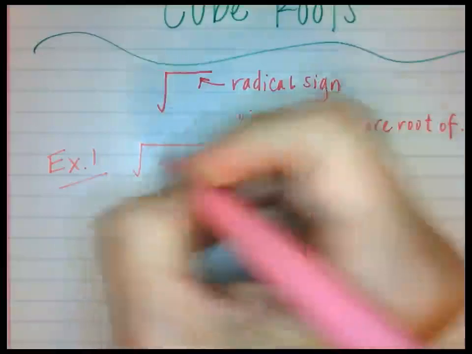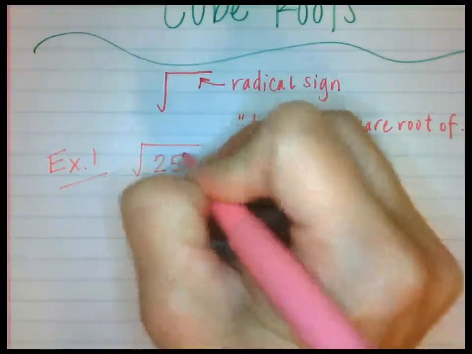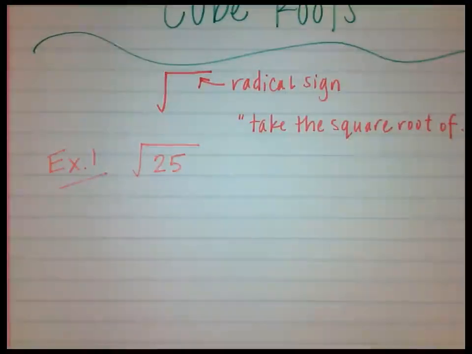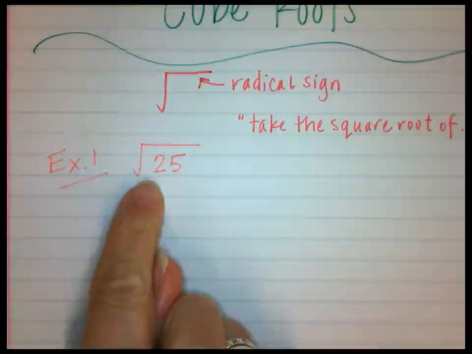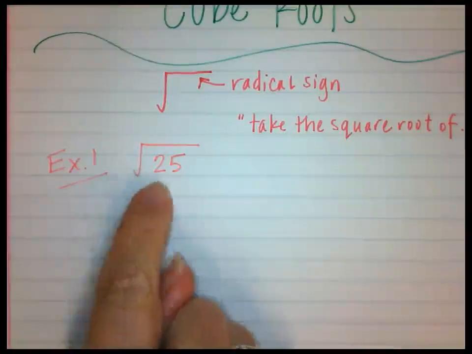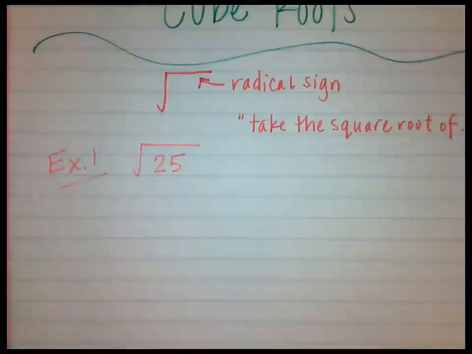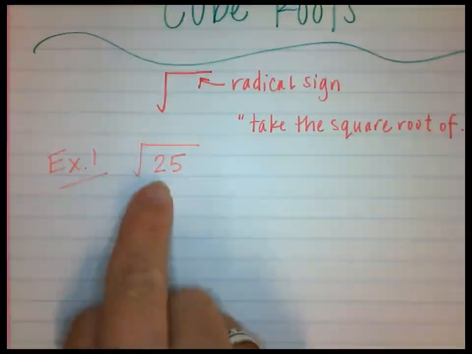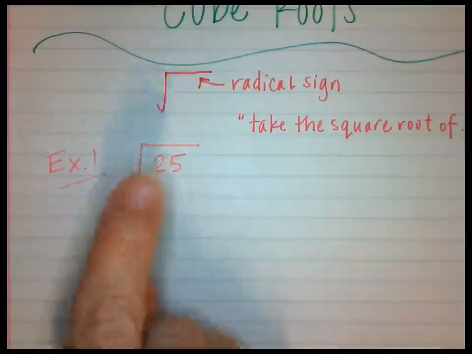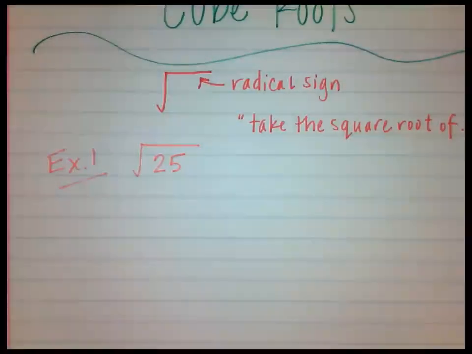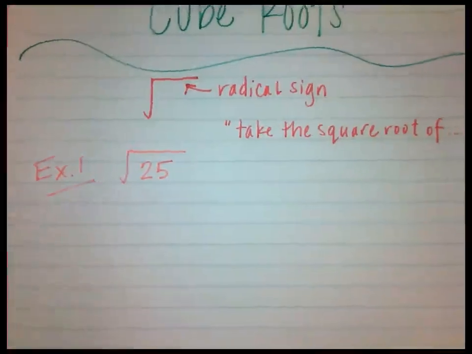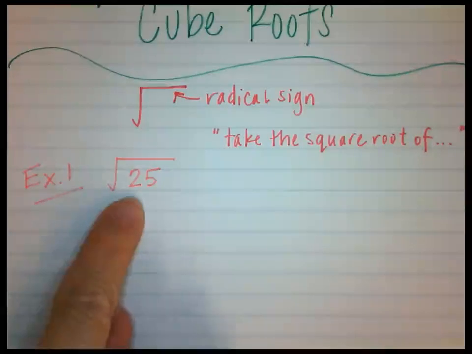If we had this written as a question, this is saying the square root of 25. That's how we would say it, the square root of 25. What this means is that I want to know what number I multiplied by itself to get 25.